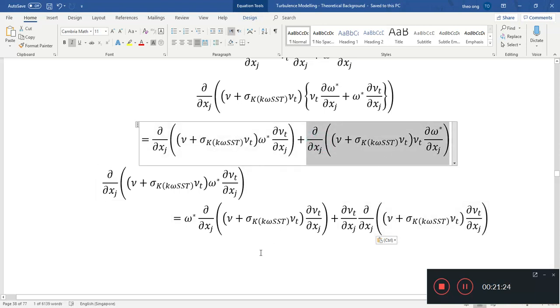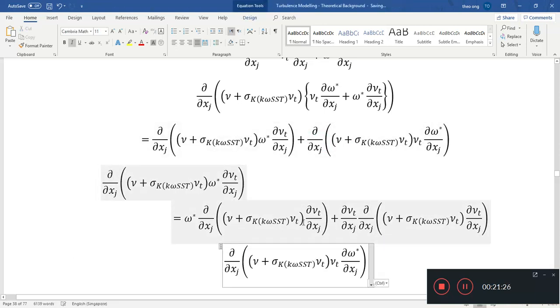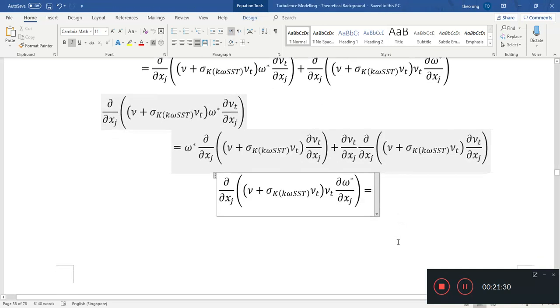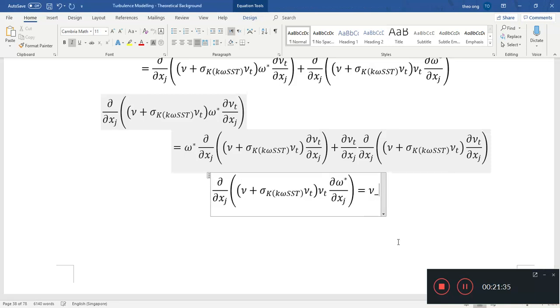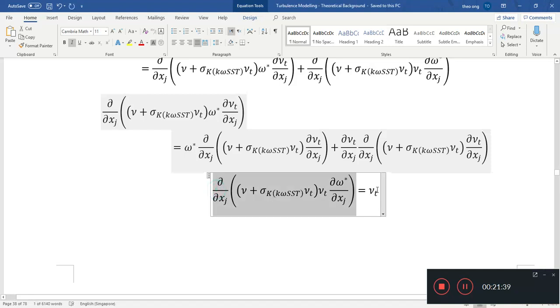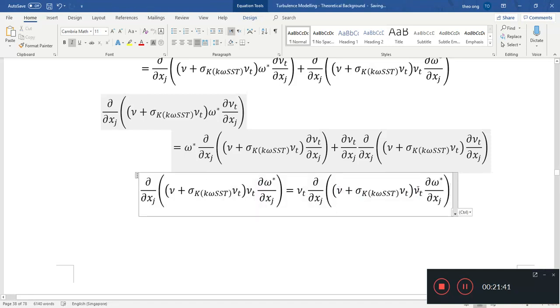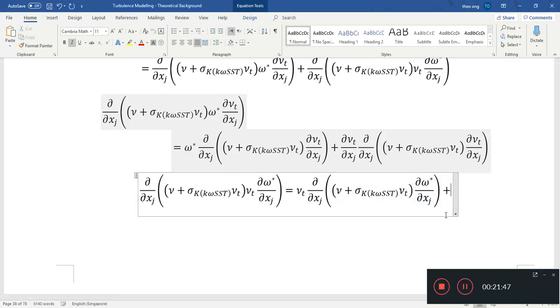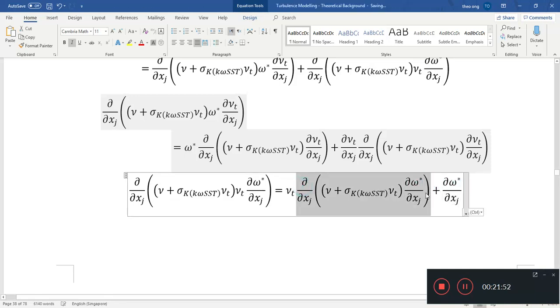Likewise, we'll have another term here that will be equals to nu t into this plus del omega del xj into this.